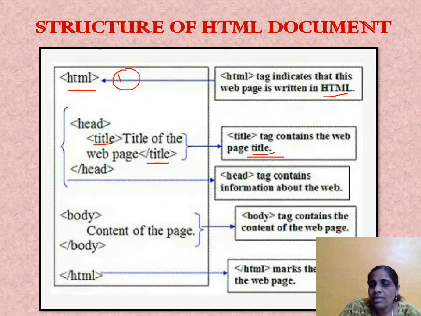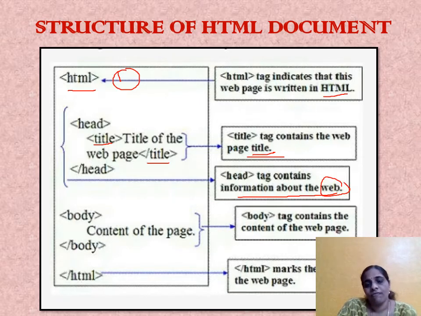Head contains the information about the web page. Body is nothing but the content of the web page, and the closing HTML tag marks that the page ends. And this is called the end.